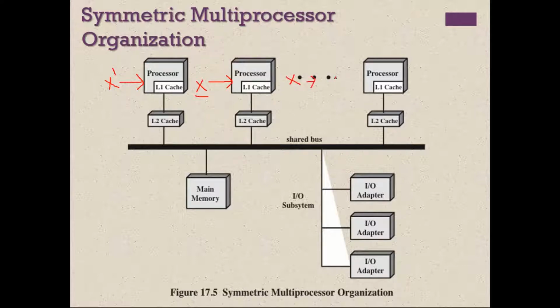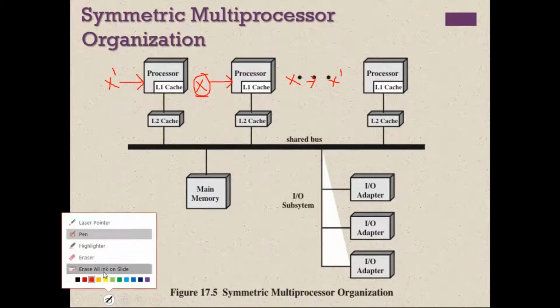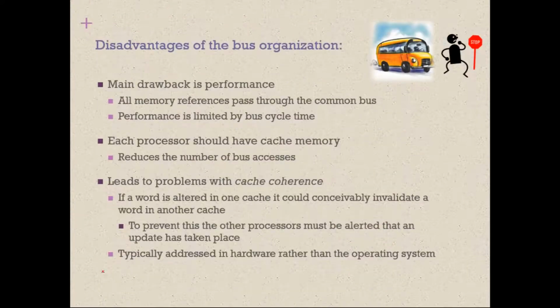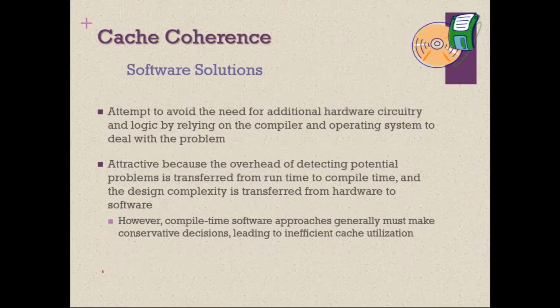Even if one of them modifies X to X dash, all the remaining copies become inconsistent, because the respective processors believe they are consistent, but actually they are not. How to deal with this problem is what we are going to discuss in today's session.